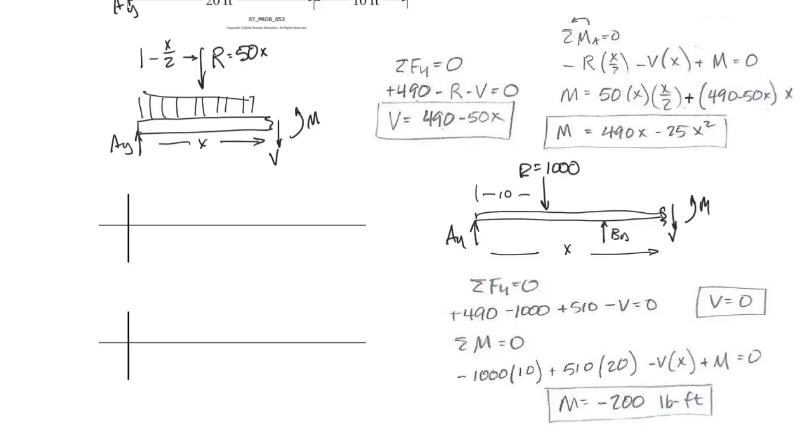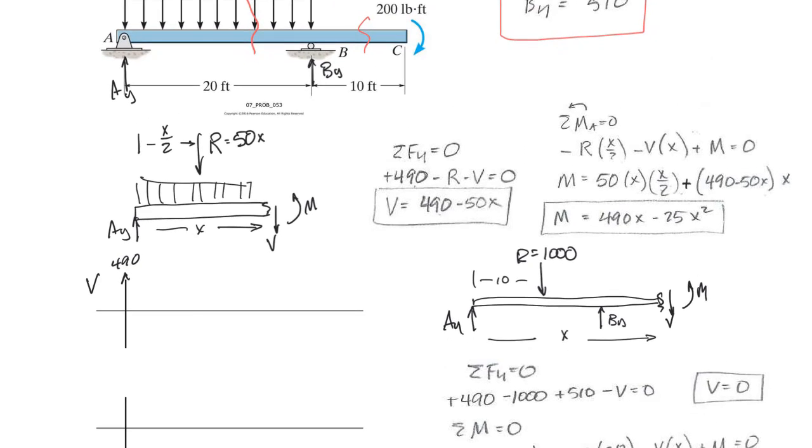We can graph that equation, or both of these equations, and see what we get. So let's look at the shear graph. It starts at 490. It has a negative slope of 50x. And so if I look at what it is at x is equal to 20, let's go down here.